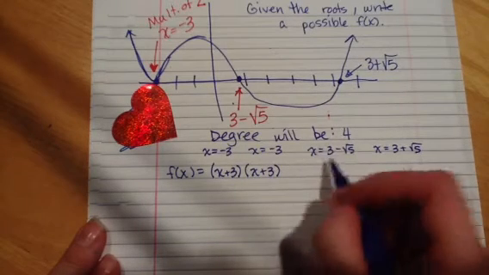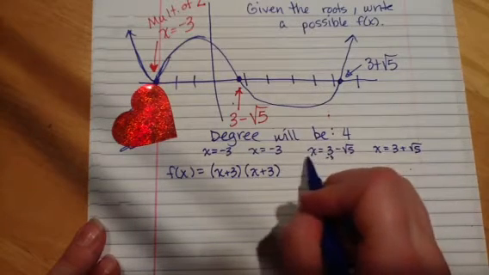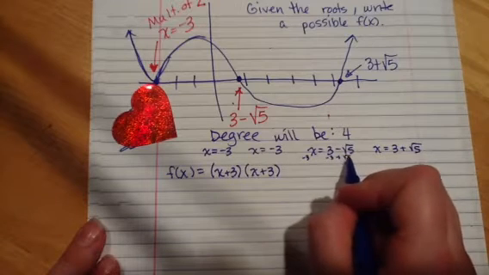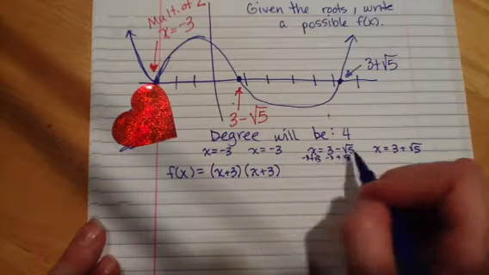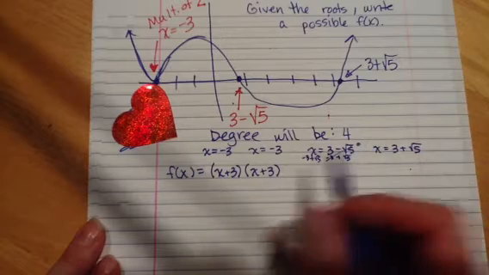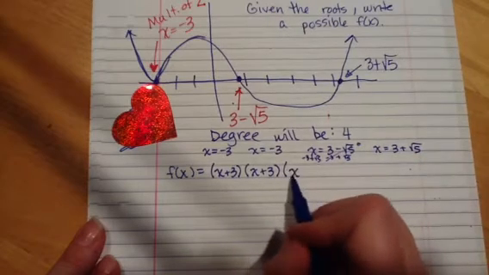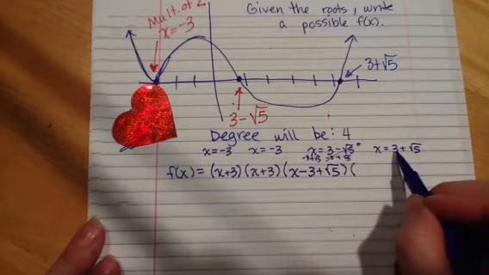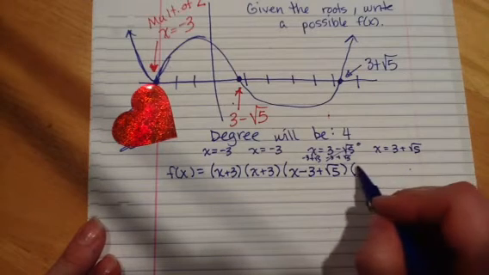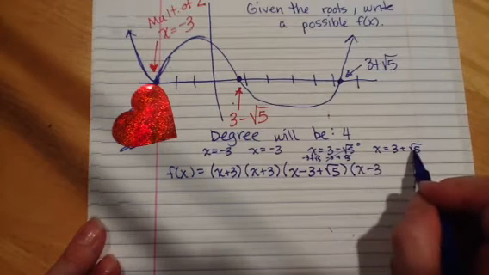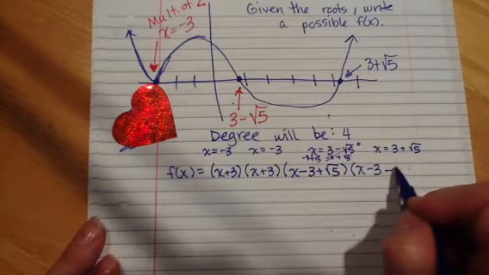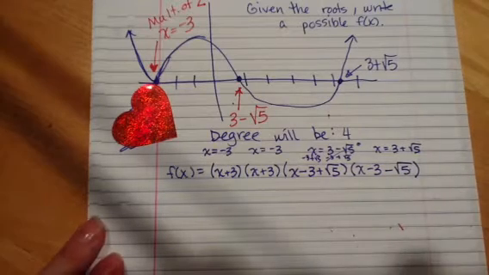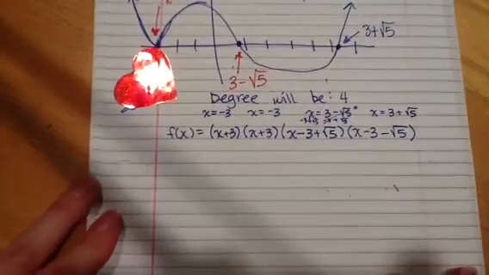Now these ones, I'm going to have to subtract the 3 over and also add the square root of 5, so that I end up with 0 on this side. So this will actually be x minus 3 plus the square root of 5. And then this one, I'll subtract the 3 over, so x minus 3, but I also subtract the square root of 5, so it'll be x minus 3 minus square root of 5.